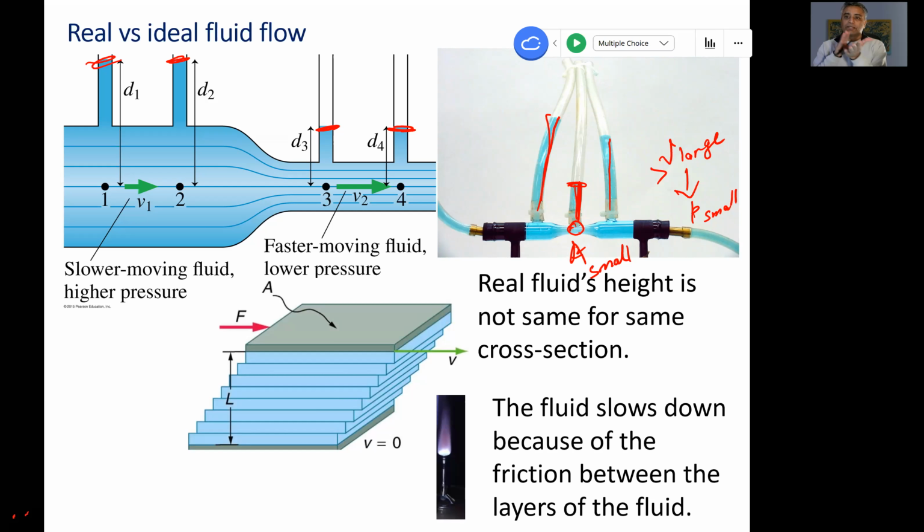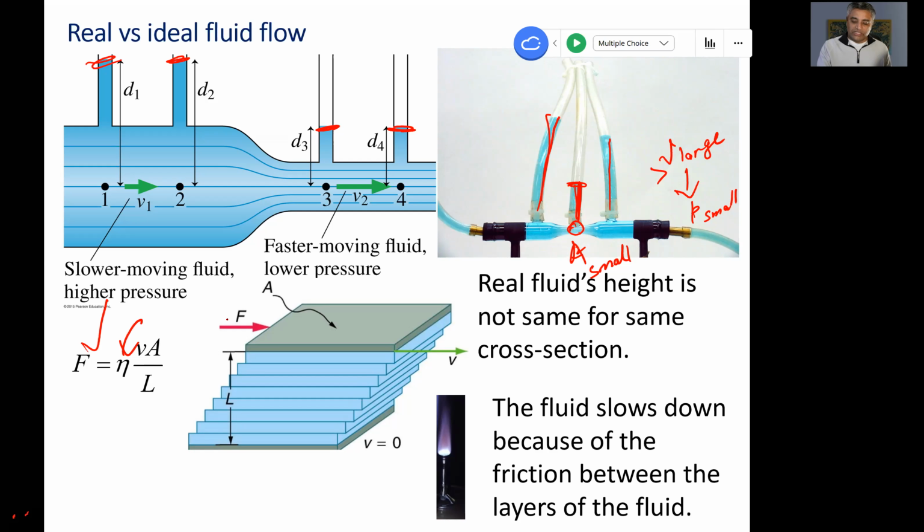And we can explain that by thinking that when fluid is flowing, there are several layers of fluid just sliding over each other. And all those layers have a thickness of about the molecule of that fluid, okay? When we have this kind of situation, we can write an equation like this, and this is called the coefficient of viscosity, okay?